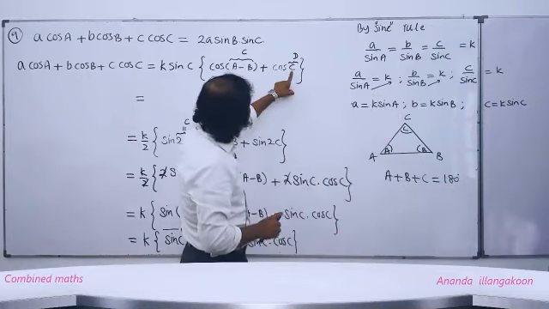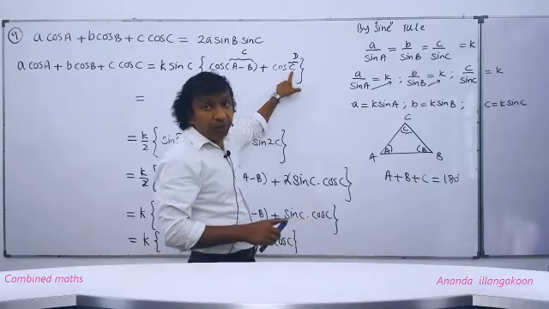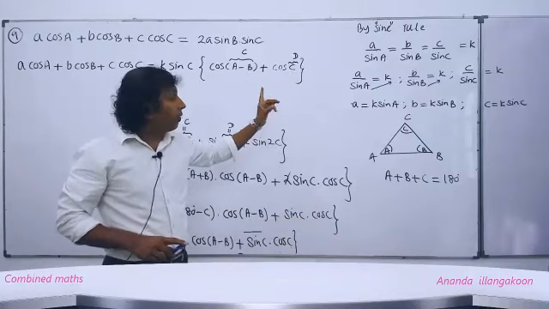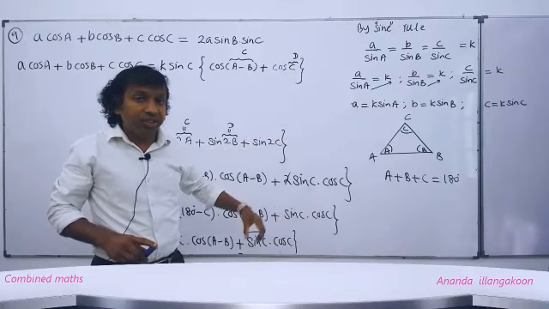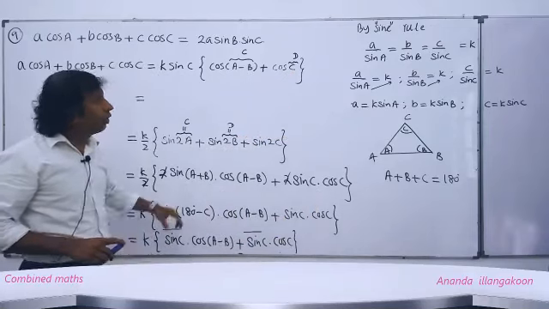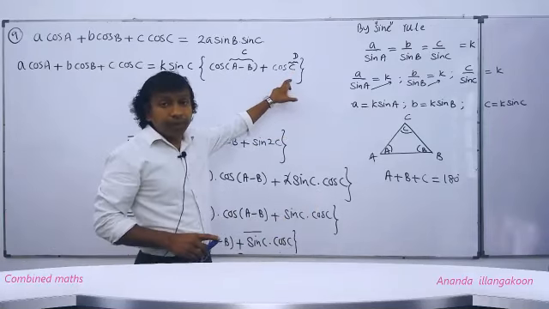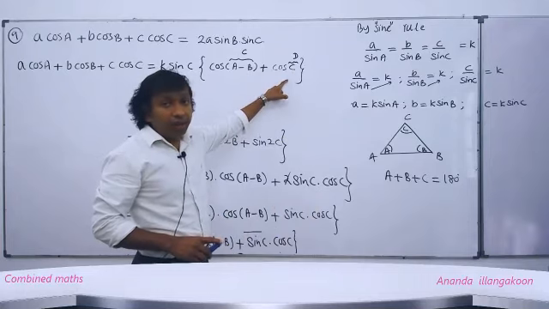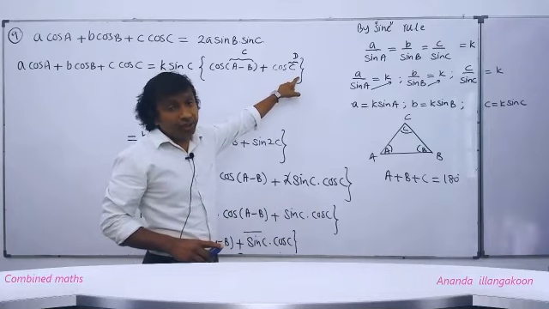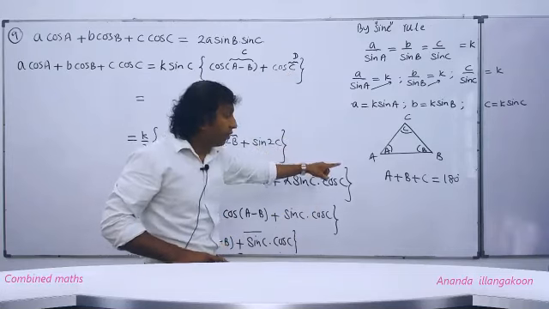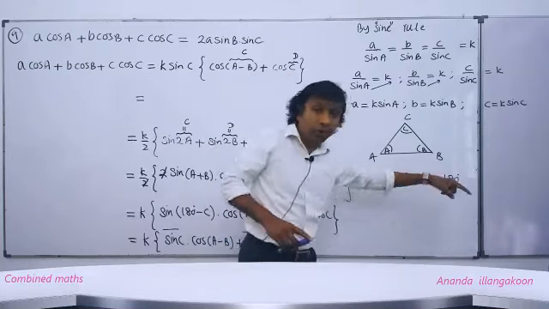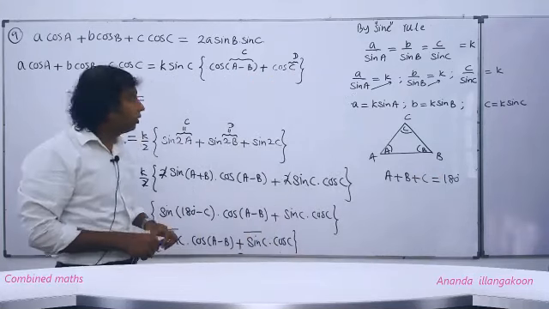So for this C we put 180 minus (A plus B), and thereafter apply the CD formula. I think that is much better to get the answer very easily, minimizing the number of steps. Though if you keep it like this, apply the CD formula and finally substitute for C, that's also correct. But here itself we will do that substitution for C, taking this A plus B to the right hand side. Understand? Okay? Yeah.